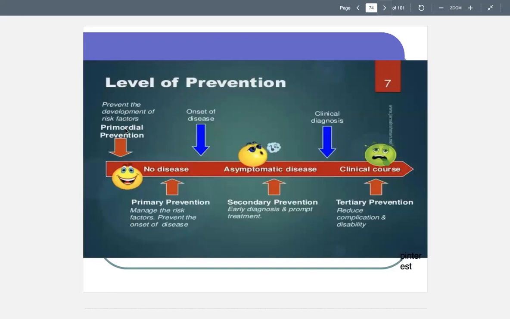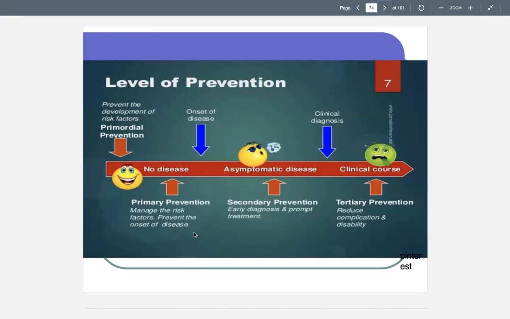Okay, primordial prevention, no? This prevents the development of the risk factors. Yung factors na maaaring kung bakit ma-expose yung individual from the disease. Primary prevention, this is to manage the risk factors that could prevent the onset of the disease.